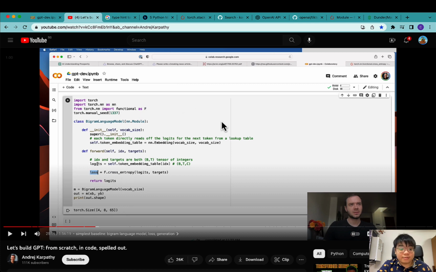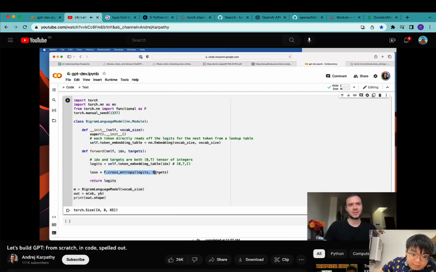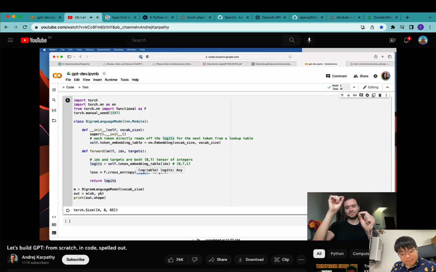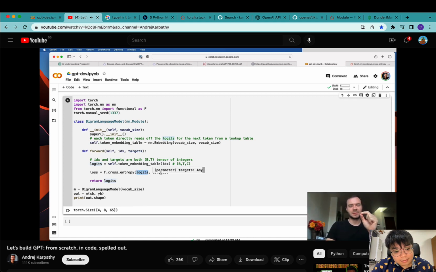So let's continue. On the predictions and the targets, this measures the quality of the logits with respect to the targets. In other words, we have the identity of the next character, so how well are we predicting the next character based on the logits? Intuitively, the correct dimension of logits, depending on whatever the target is, should have a very high number, and all the other dimensions should have a very low number.